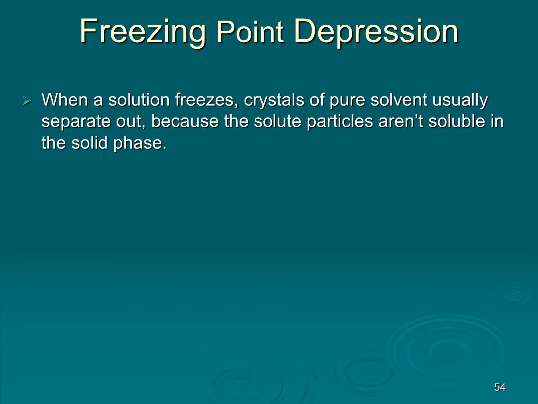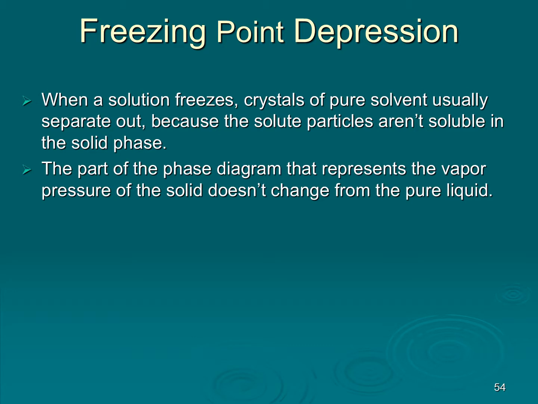Okay, so let's talk a little bit about the freezing point depression. We'll do an example of a boiling point elevation and freezing point depression in just a minute because they're very similar. All right, so when a solution freezes, the crystals of pure solvent actually separate out, and so the solute particles won't stay soluble in the solid phase. So actually, the part of the phase diagram that represents the vapor pressure of the solvent won't change.